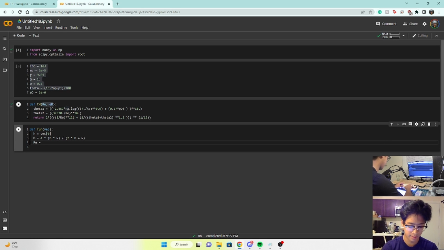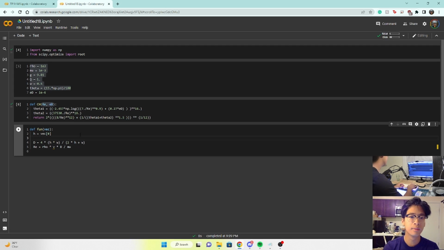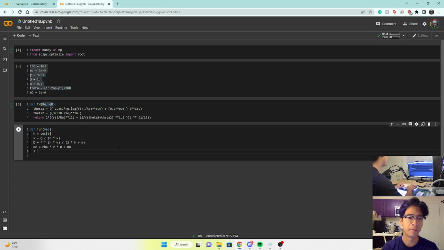The Reynolds number equals rho times v times the effective diameter divided by mu. And v is not defined, so we need to define v. Velocity is equal to the flow rate, which we're given, divided by h times width. I think all things are accounted for here, and the Fanning friction factor is equal to the Churchill equation given Reynolds number and surface roughness, which I've defined above.